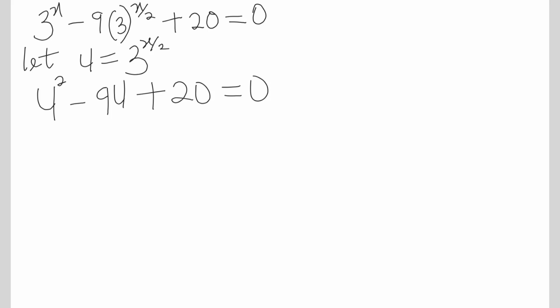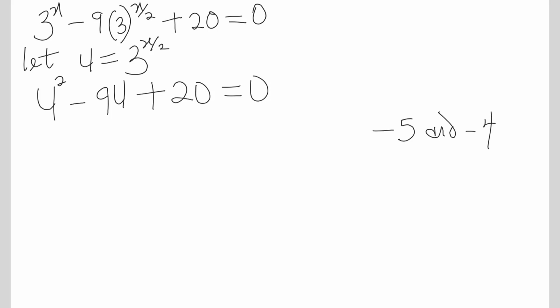So we can easily solve this quadratic equation by getting the factors of 20 such that when you add them together, they're going to give us minus 9 here. So what are the factors of 20 such that when you add them together, they give you minus 9? That's minus 5 and minus 4.